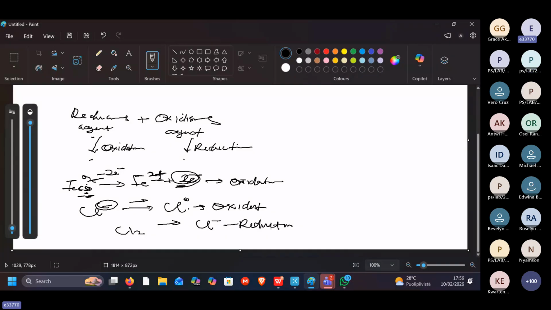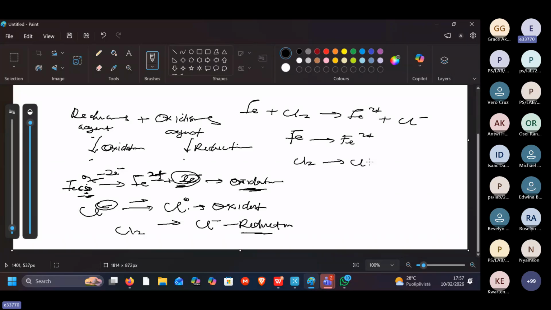So this is what we call a half redox reaction. For example, if I put them together and say Fe plus Cl2 moving to Fe2+ plus Cl minus, you can separate them into their half reactions: Fe moving to Fe2+, and then Cl2 moving to Cl minus.